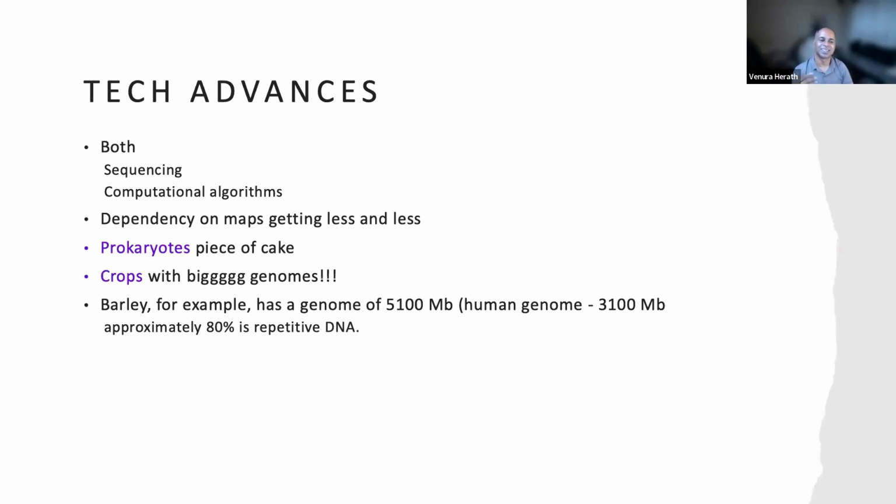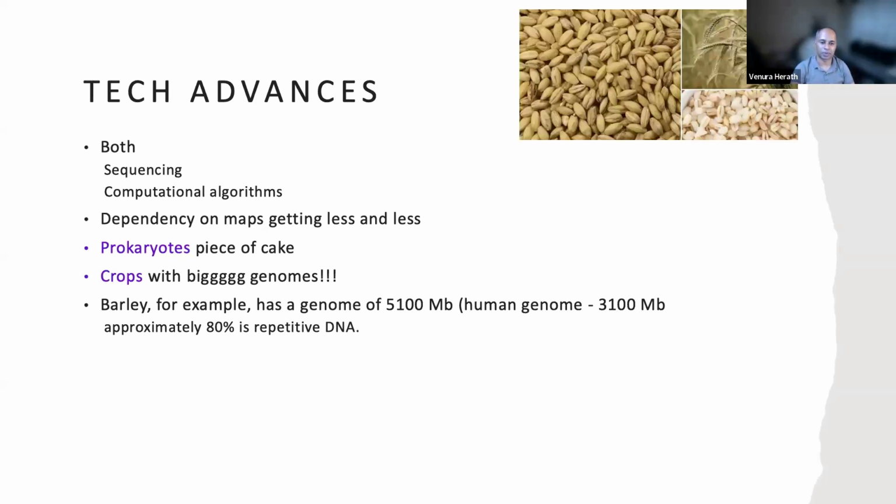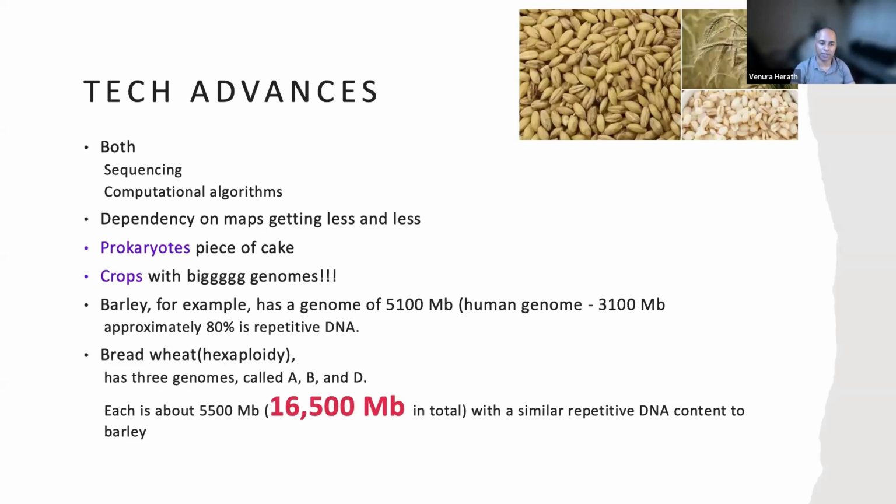So that means it's a nightmare to assemble, because if you have so many repeats, you don't know how to put them together. If you take another example, bread wheat, the one you use every day, that plant contains three genomes, called A, B, and D, and each genome contains 5,500 MB.